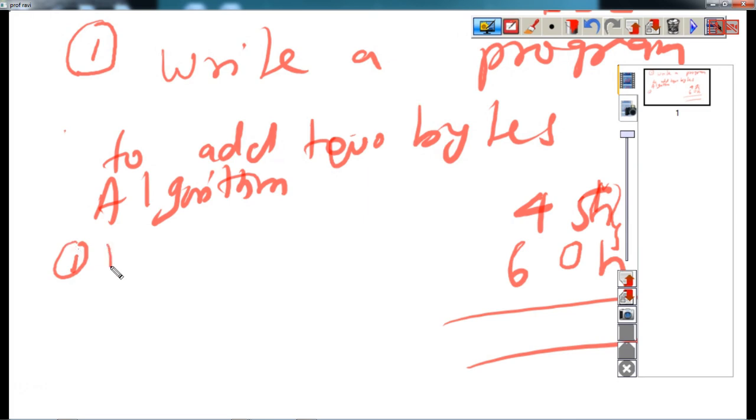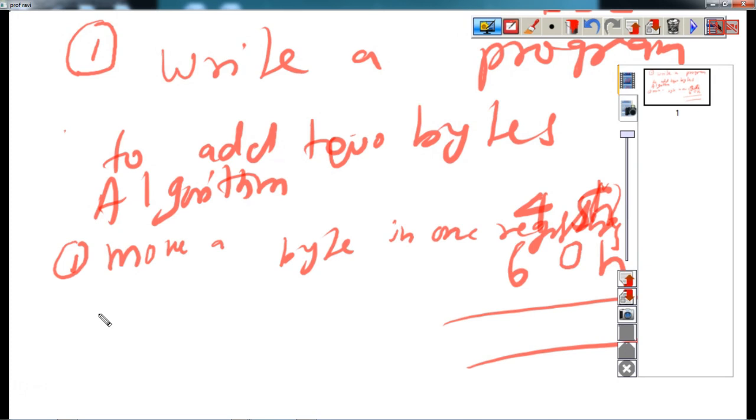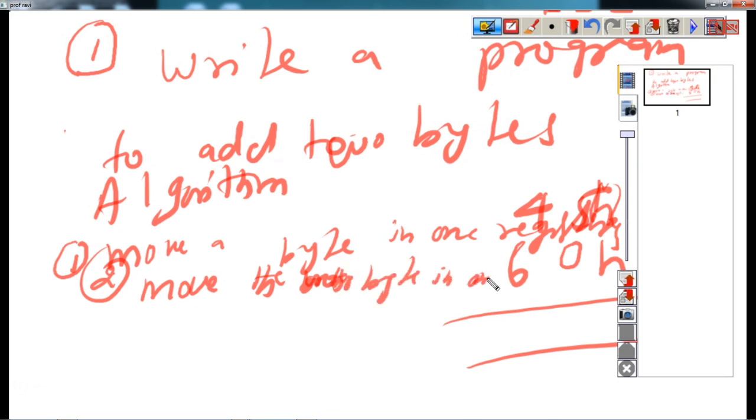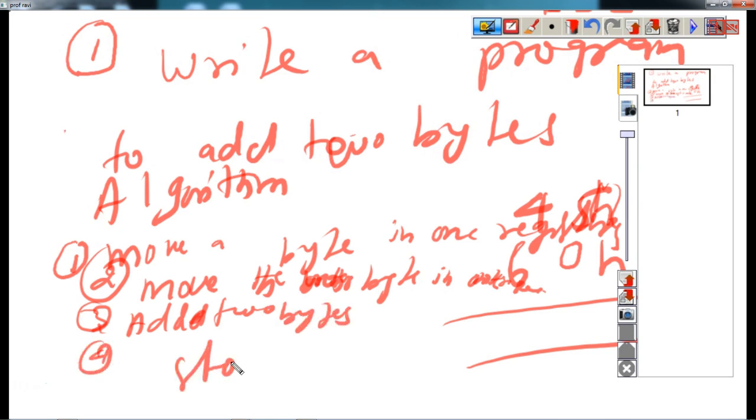The algorithm is: move a byte into one register, then move the other byte into another register, then add the bytes, and then stop.